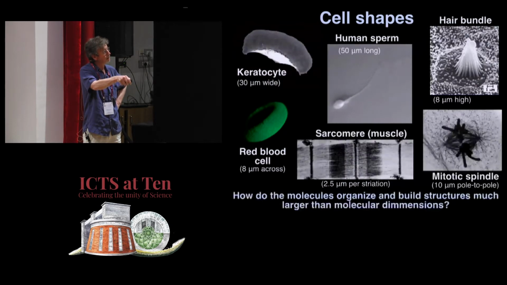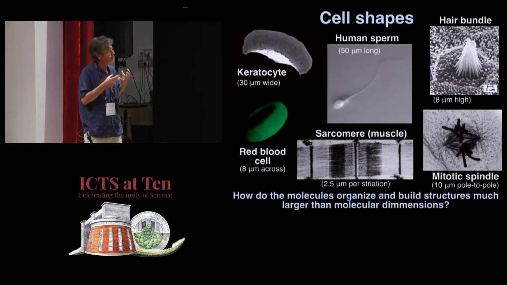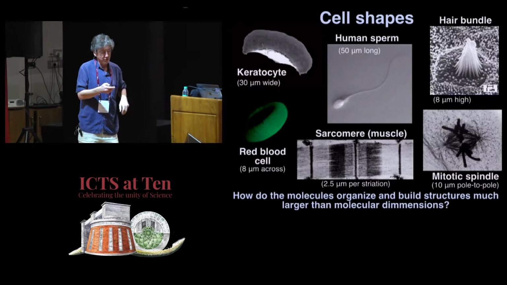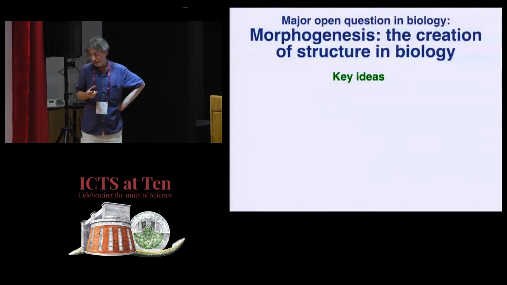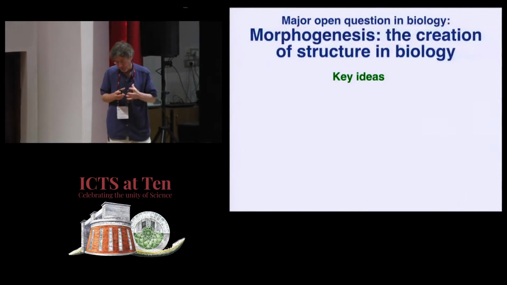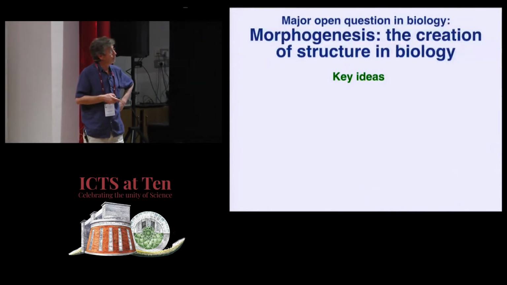Here is a mitotic spindle that is segregating the chromosomes shown here in black. The question here is how are the molecules organizing and building these structures which are thousands of times larger than molecular sizes.